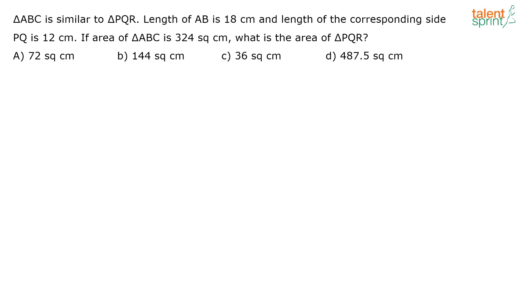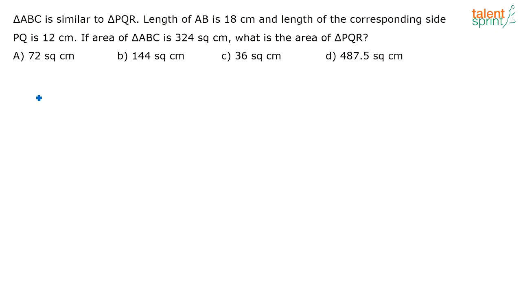Again, to solve this question, we make use of a property of similar triangles. If you give a very easy question, you give me the answer. The property that you use here is, if you have two triangles which are similar, then the ratio of the areas of the two similar triangles is equal to the ratio of squares of their corresponding sides.